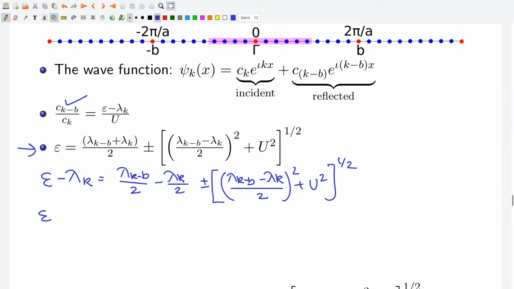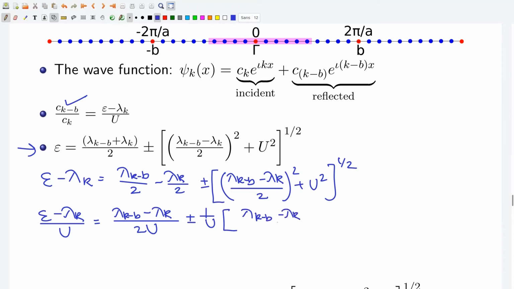And then we divide by u, and this is equal to (lambda_(k-b) minus lambda_k) divided by 2u plus minus 1 by u times ((lambda_(k-b) minus lambda_k divided by 2) whole square plus u square) whole power half.